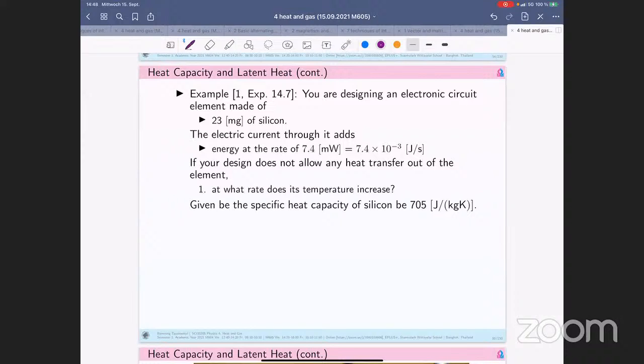So the increasing rate of the energy is 7.4 milliwatts, or simply speaking, 7.4 times 10 to the -3 joule per second, right? What is joule per second, right? So yeah, that's it. If you try to protect the circuit by using this amount of current and heat, and you would like to know the rate of change of the increasing temperature, then how could we find it?